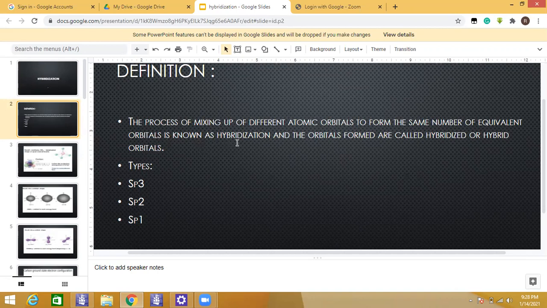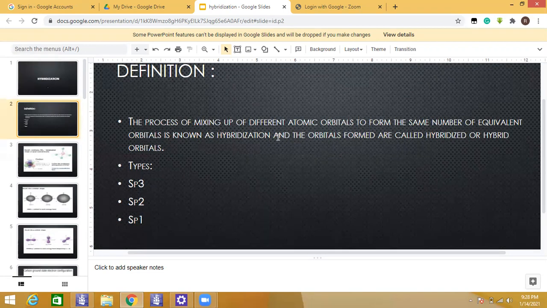Particularly, this is the process of mixing up different atomic orbitals having different energy and shape to form the same number of equivalent orbitals having the same energy and shape, and the orbitals formed are called hybridized orbitals or hybrid orbitals.